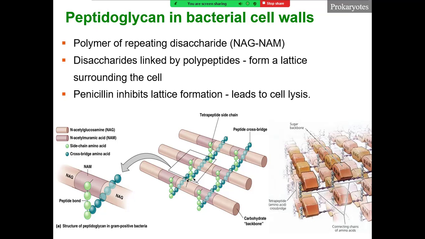So this row of NAM and NAG is linked to this row of NAM and NAG by this short peptide. And then this row here is linked to this row by this short peptide, which actually links to this peptide and that peptide, so the short peptides are actually linking the NAG and NAM rows together.